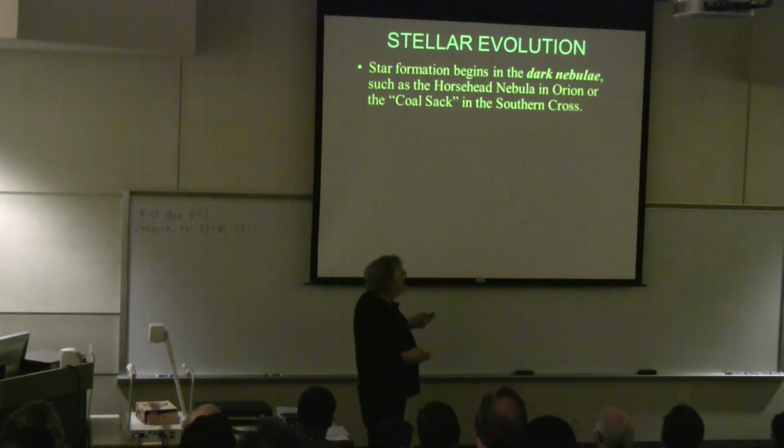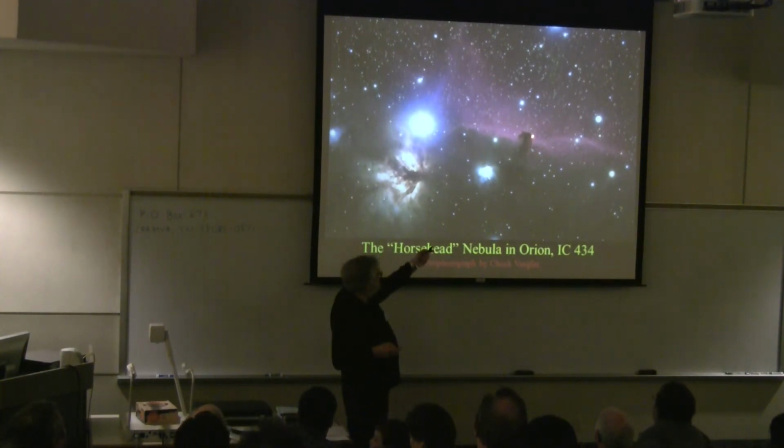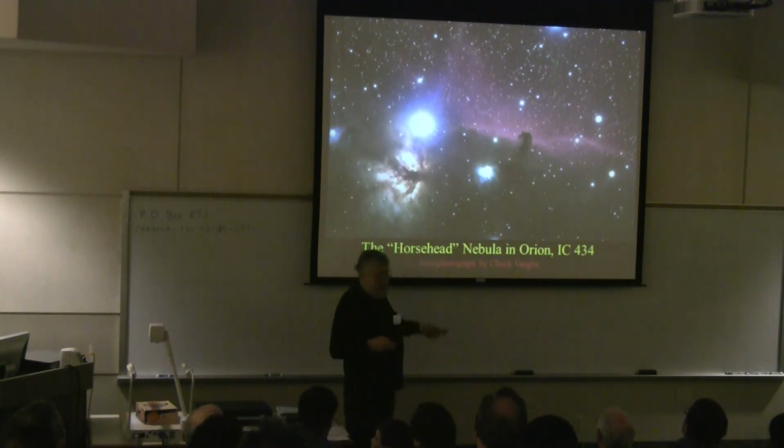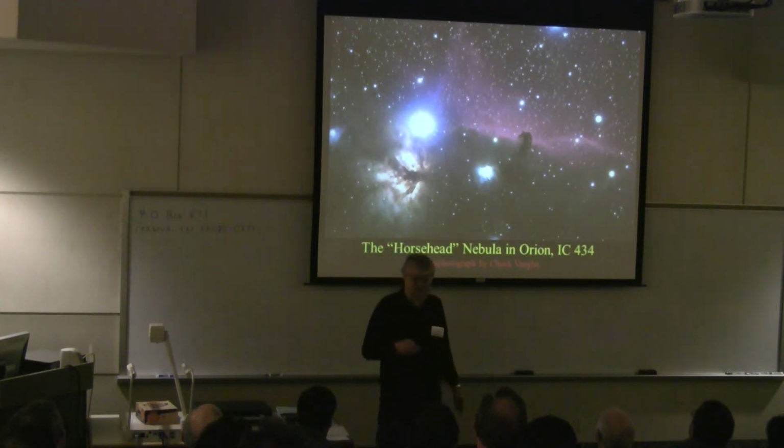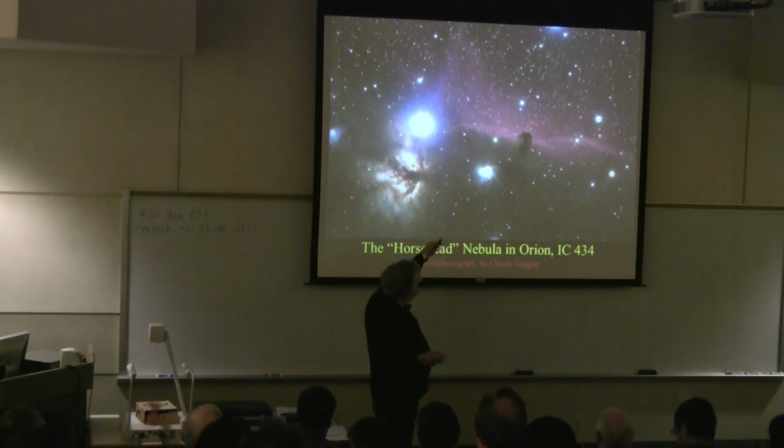So now we know what they are. Here's an example of the Horsehead Nebula in Orion, this little dark thing right here, and most of this dark area is rather cool gas and dust that's obscuring the light from stars behind it, or even this glowing nebula that's behind it as well.